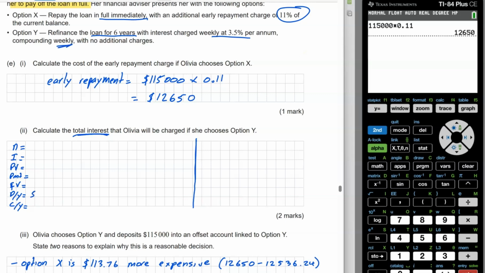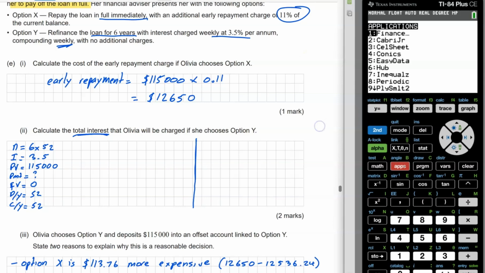So we've got PY and CY is the 52, and we're going to do 6 years, so 6 times 52. We have 3.5% interest. We've got 115,000 left on our loan to pay at this point. We're going to find out what those payments are, so then we can calculate the interest, and then we're going to have this 0 repayment here.